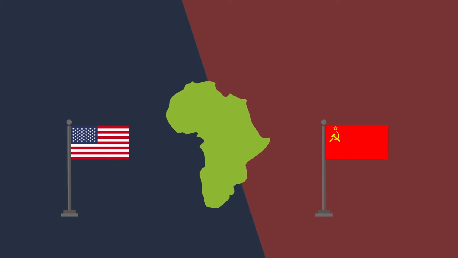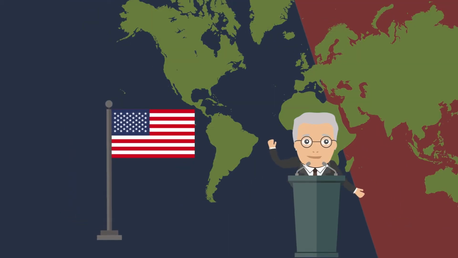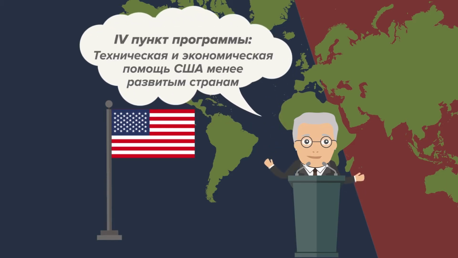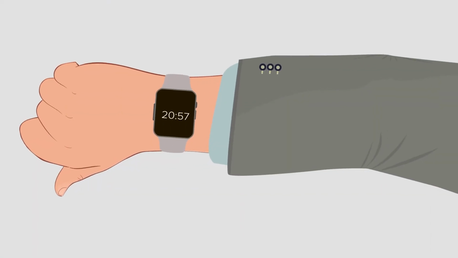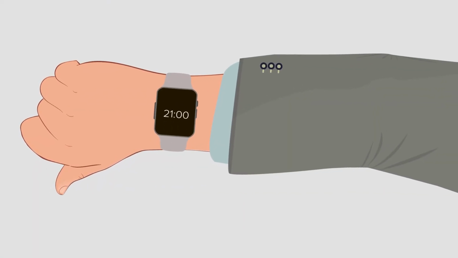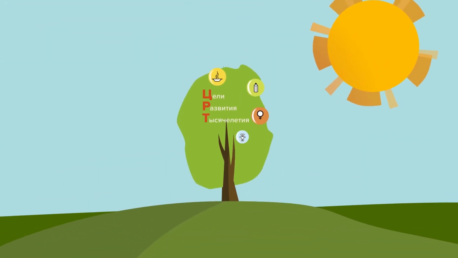The USA were the first to recognise the importance of development for those countries. In 1949, President Harry Truman, while delivering his inaugural address, declared a program of technical assistance to undeveloped countries. Since then, development theory has been challenged and has undergone transformations to adapt to the new globalization realities.